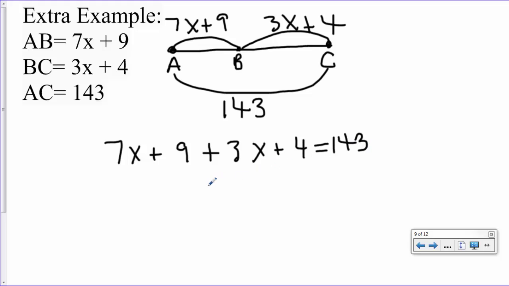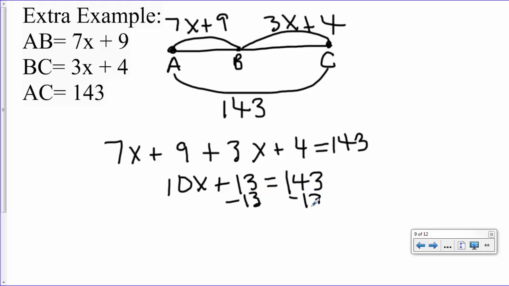Let's do our algebra again. 7x plus 3x equals 10x. 9 plus 4 equals 13. We leave the 143 on the right side. Subtract 13 from both sides to get the 10x by itself on the left.